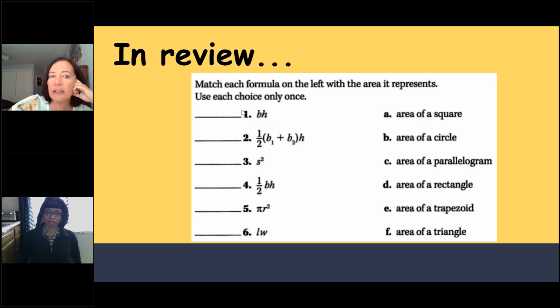Base times height. Technically, that's the formula for the parallelogram. It's also a formula that will work for squares and rectangles. And so I'm happy that you said both square and rectangle. This one is for trapezoids, because on trapezoids, you've got 2 base measurements and you have to find the average of those 2 base measurements.